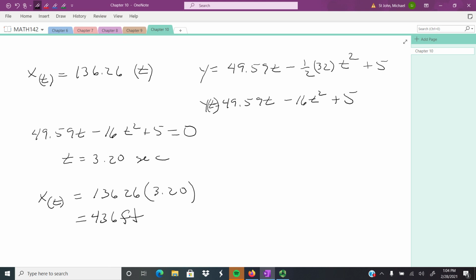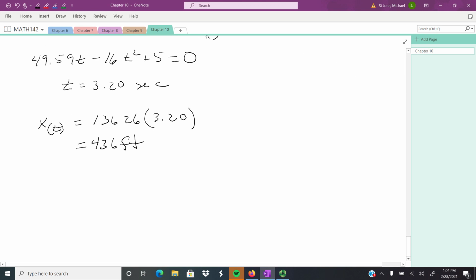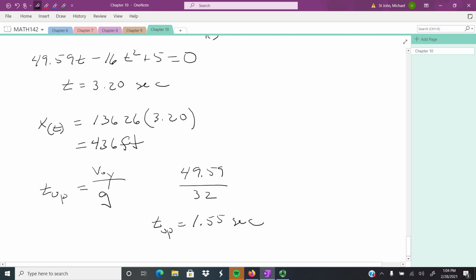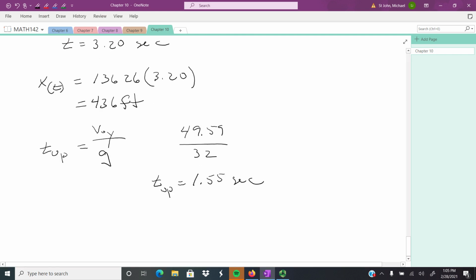Then we want to know, how long does it take to reach max height? It ends up that the time up is given by the initial velocity in the y direction divided by g. So this is going to be 49.59 divided by 32, and so the time it takes to go up is going to be 1.55 seconds. So the max height will occur at that time.